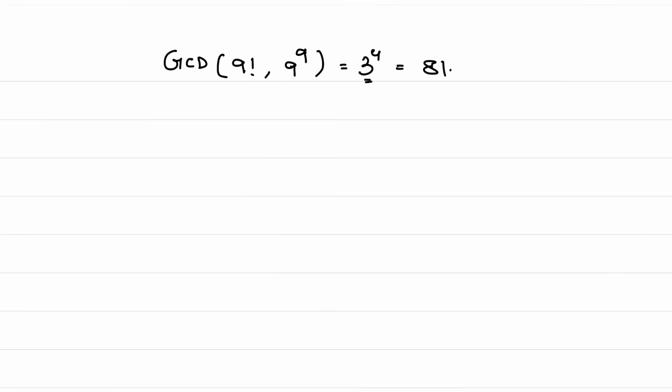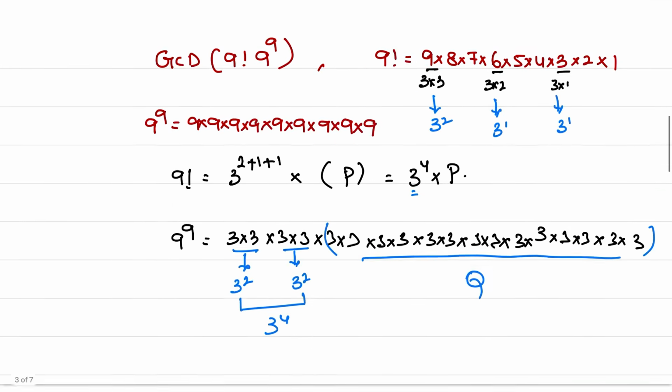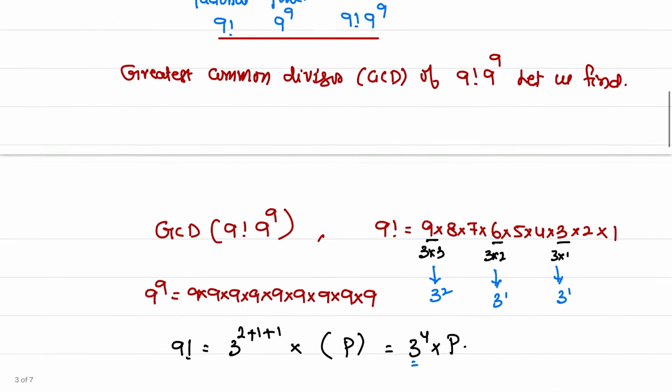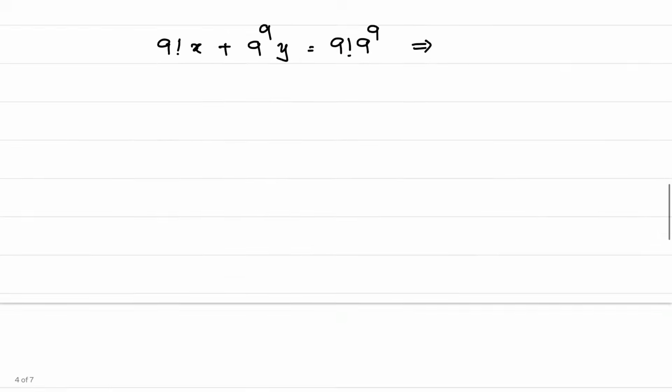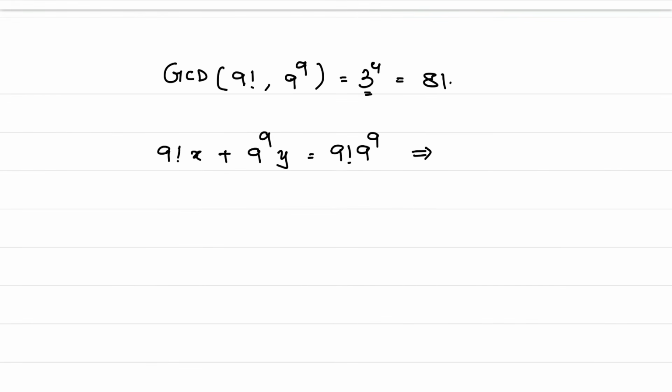So, the given equation, 9 factorial into a plus 9 to the power of 9 into b is equal to 9 factorial into 9 to the power of 9, how can it be written? Sorry, the variable is a here, and here also the variable is b.